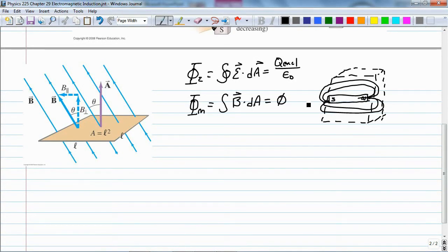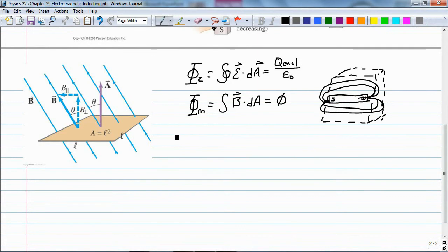So there is no value other than zero that I can come up with to encompass all these lines. They circle in on themselves.